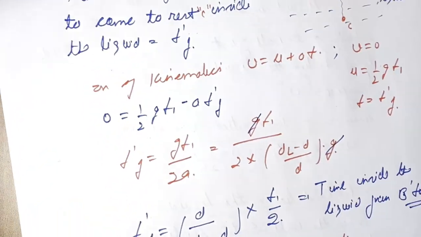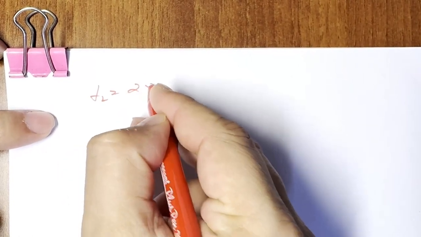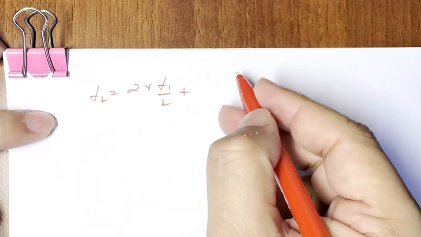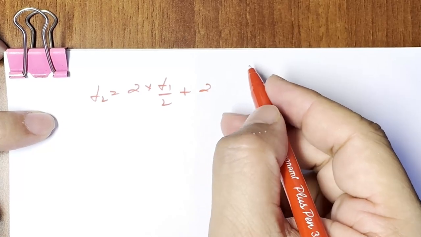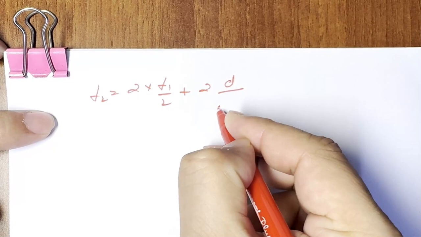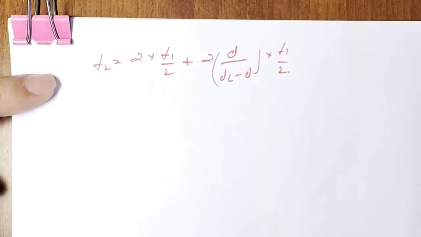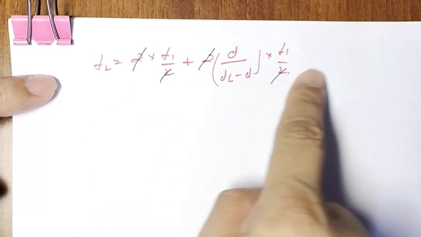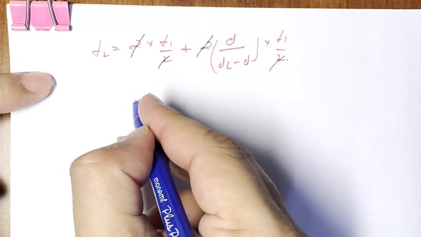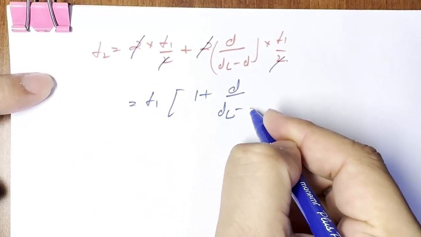Therefore T2 is equal to 2 into T1 by 2, plus 2 into d upon (d_l minus d) multiplied by T1 by 2. The 2 and 2 cancel out, and from here we can take T1 as common. So this becomes T1 times (1 plus d upon (d_l minus d)).